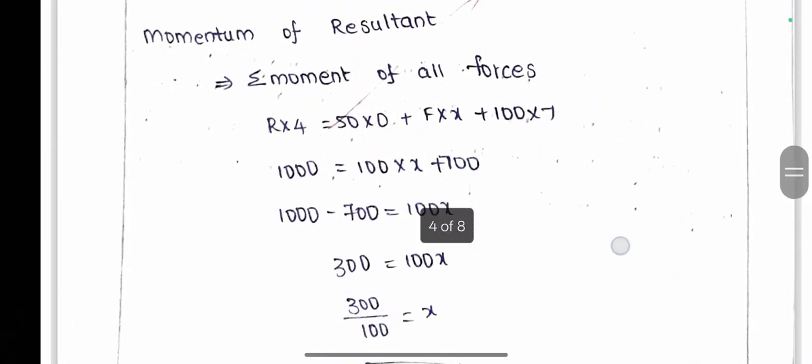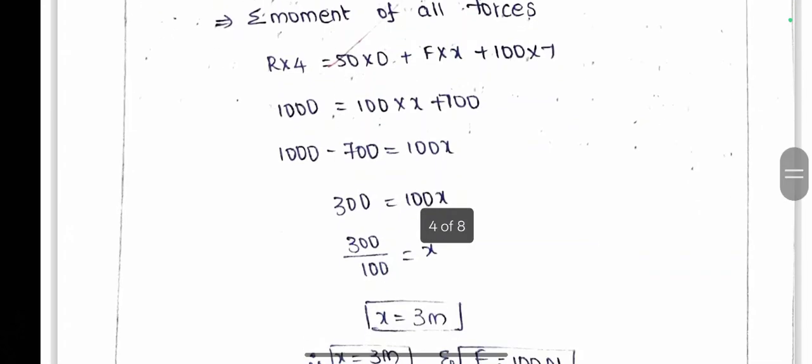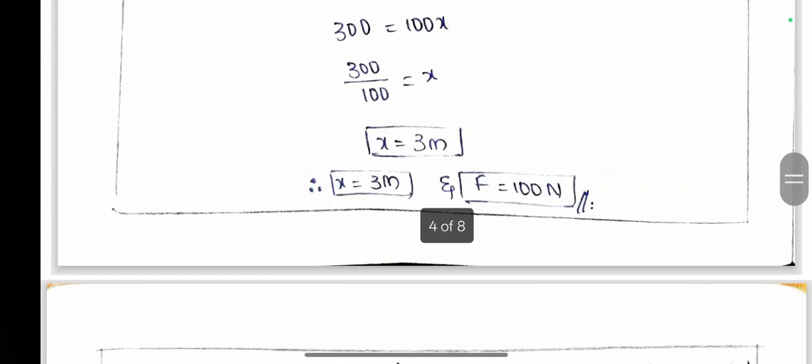Okay, R into 4 is equal to 50 into 0 plus F into x plus 100 into 7. Therefore, R value is 250, so 1000 is equal to 100 into x plus 700, which is 1000 minus 700 equal to 100x. Therefore x will become 3 meters. Therefore x is equal to 3 meters and F is equal to 100 newtons.